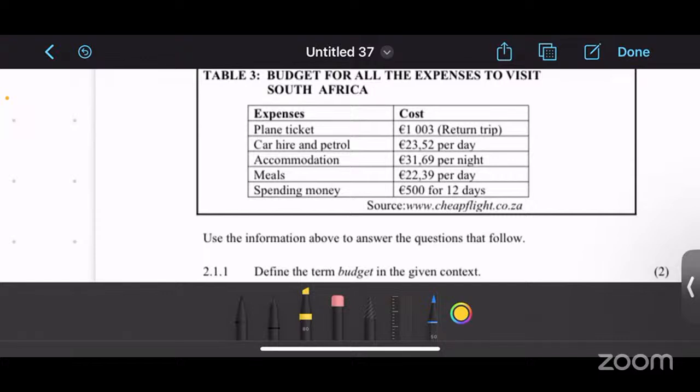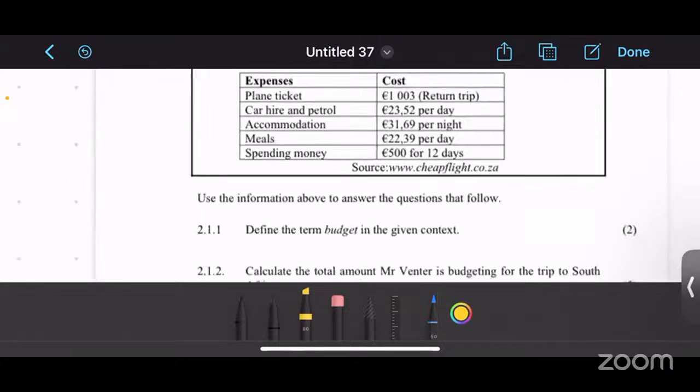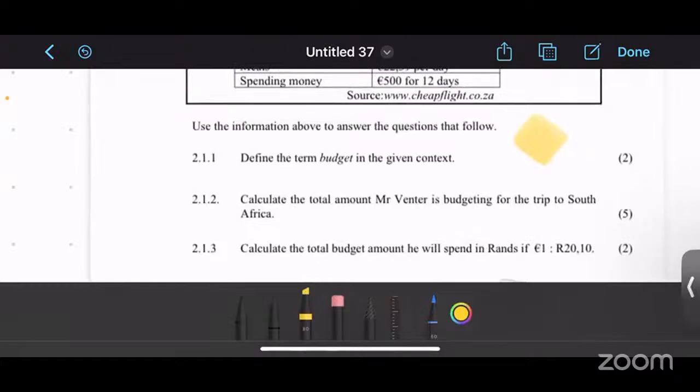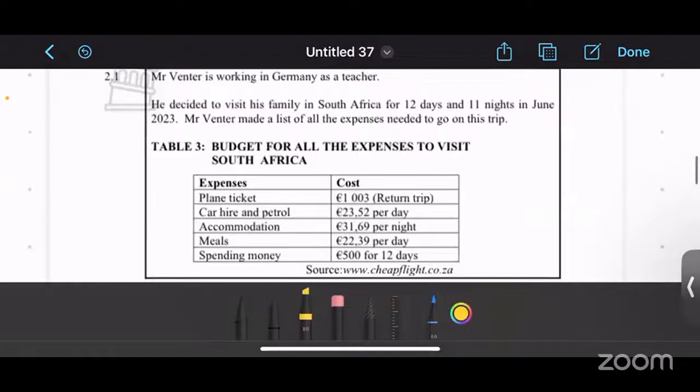Let's look at number two. It says calculate the total amount Mr. Venter is budgeting for the trip to South Africa. The total amount that he's budgeting.